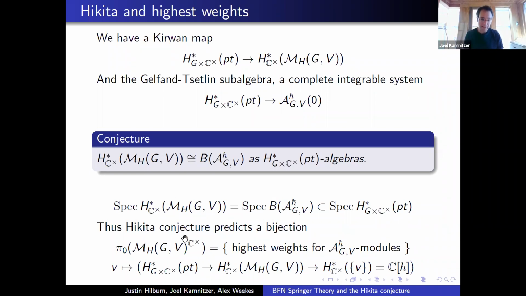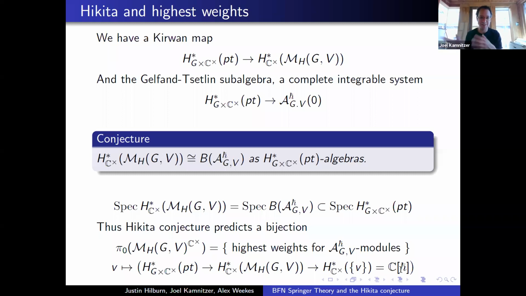Here's one way to get a point in the spec of this cohomology. Suppose I have a fixed point for my C star action. Then I can consider the sequence where I first do the Kirwan map, and then use the map coming from the equivariant cohomology of a point. That will give me a map from the equivariant cohomology of a point, so an element in this guy, to C[h bar].